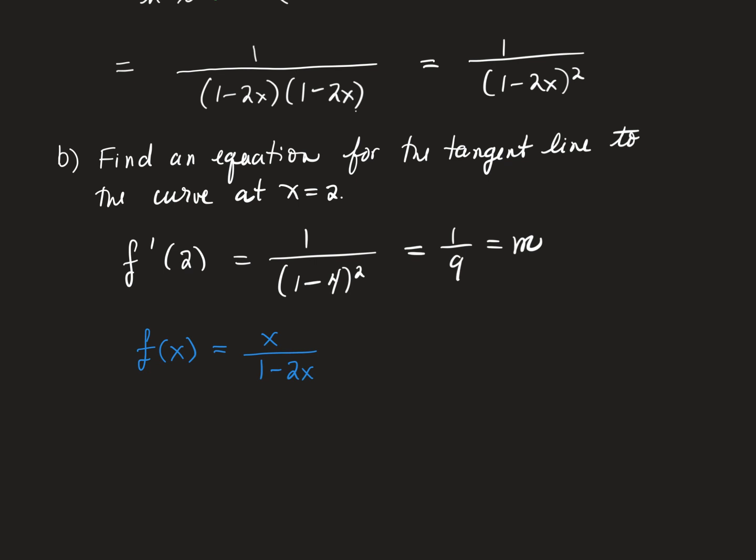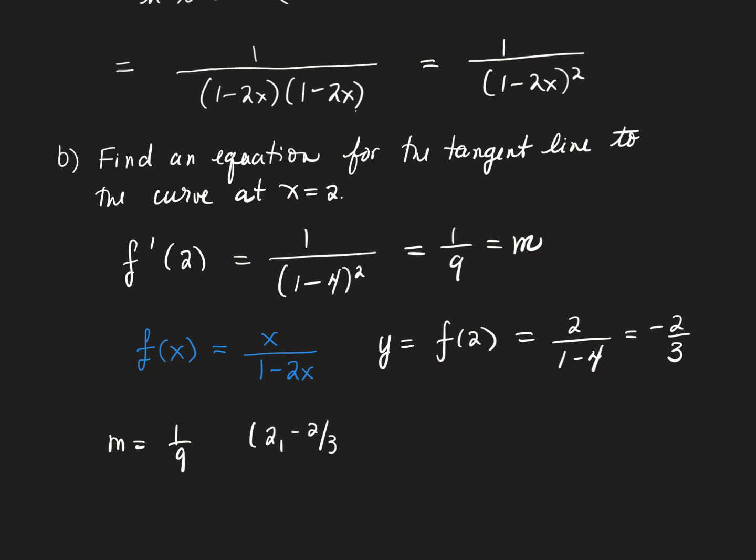So the y value at x equals 2 is f of 2, which is 2 over 1 minus 4, which is minus 2/3. So you have a slope, 1/9, and you have a point, 2, minus 2/3.